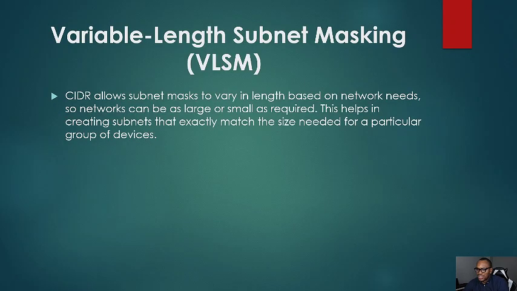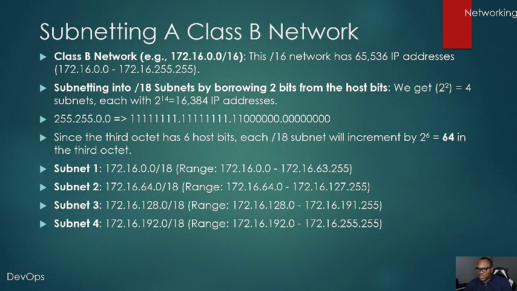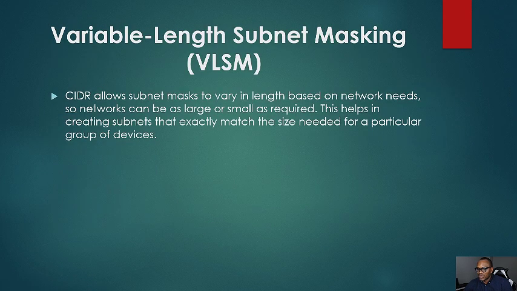Let's move on. Now, variable length subnet masking is just a situation where you have varying sizes of subnet. That's just what it means. You don't have a fixed size. The subnets that we have been doing were the same size, and now we want to look at variable length subnet masking.